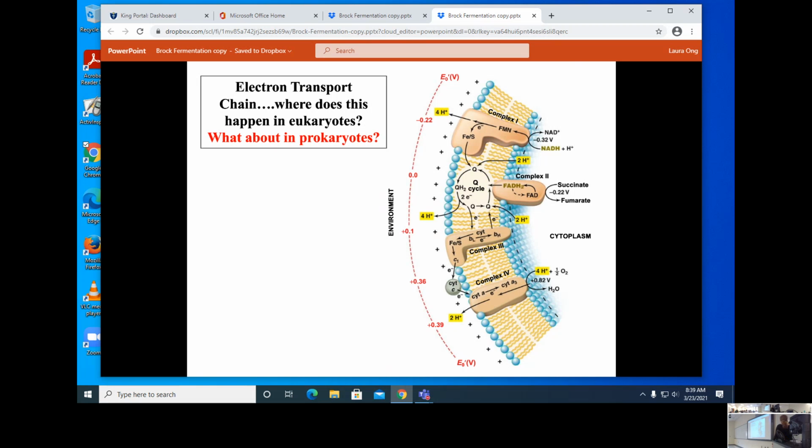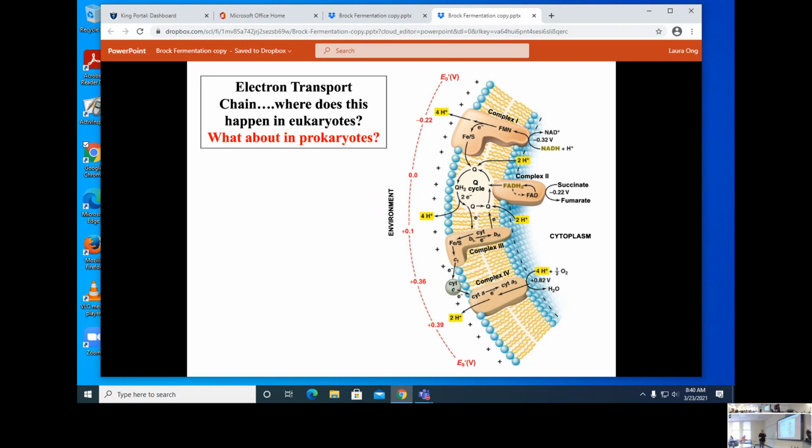Or the other time when this happens is when there's a lack of the final electron acceptor, causing an electron backup in the electron transport chain. So option 1, starvation, and there's not enough fuel to give electrons to NADH.